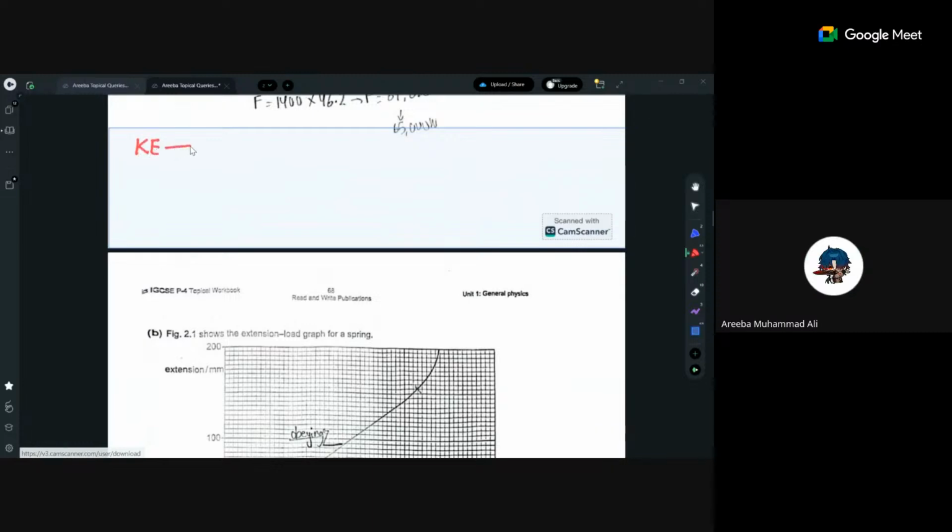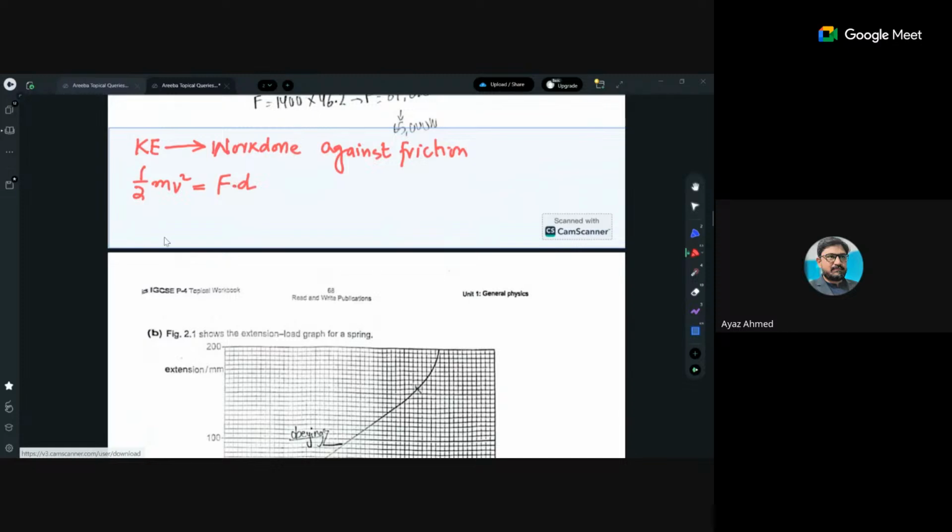So kinetic energy is converted into, you can say, work done against friction. So what is the kinetic energy? That is 1 upon 2 m v square. And what is work done? F into d or F into s, whatever you write, it does not matter.